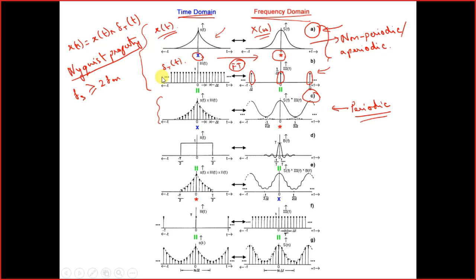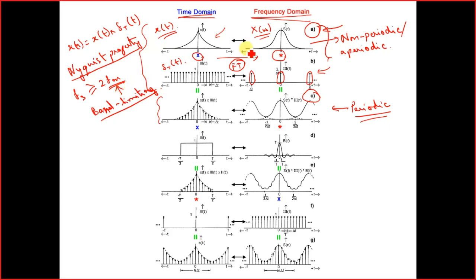Okay. Now, how do we ensure this fm? In one of my previous classes, I told you that we can ensure fm by band limiting the signal.